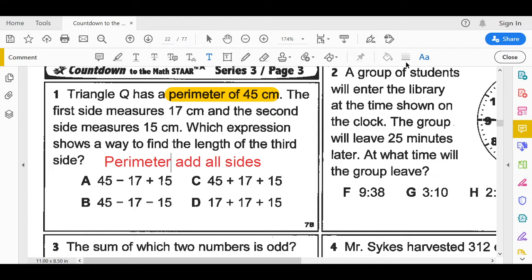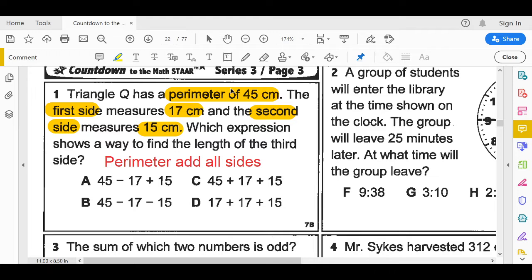It says right here, the first side measures 17 centimeters and the second side measures 15 centimeters. Remember, it is a triangle, so a triangle has 3 sides, and we are just getting the first side and the second side. Which expression shows a way to find the length of the third side?